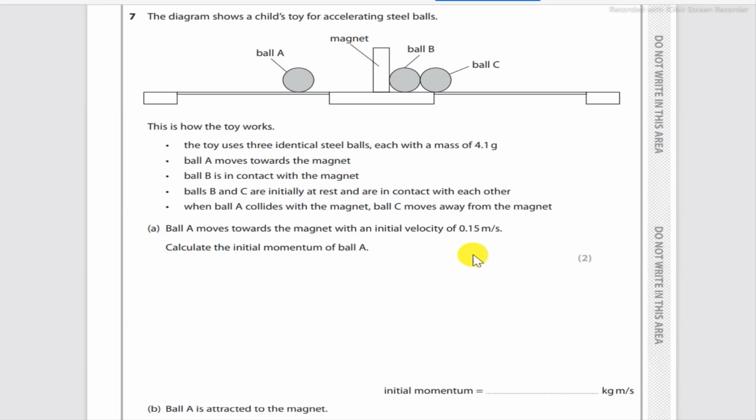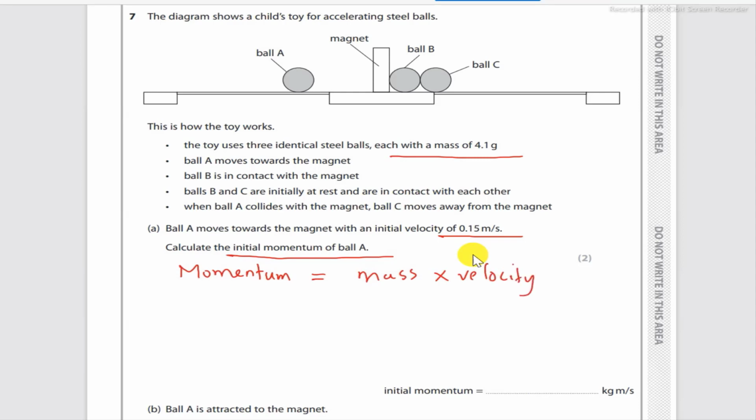Ball A moves towards the magnet with an initial velocity 0.15 meter per second. Calculate the initial momentum of ball A. The mass of the ball A is 4.1 gram. So we know momentum equal to mass into velocity. Here mass 4.1 gram into velocity 0.15 meter per second.